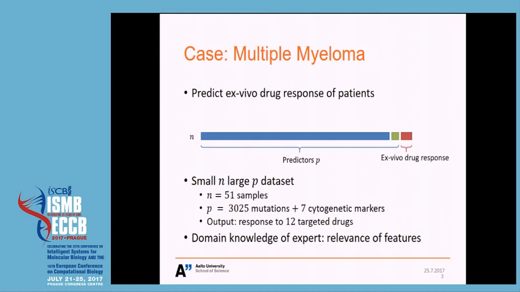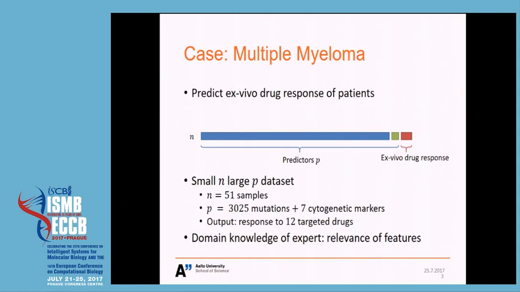This kind of small n, large p data, sometimes also called fat data, is definitely our case, because we only have 51 samples, the patients, and for each we have over 3,000 mutations and then some cytogenetic markers. Based on those, we would like to predict how they would respond to 12 targeted drugs.